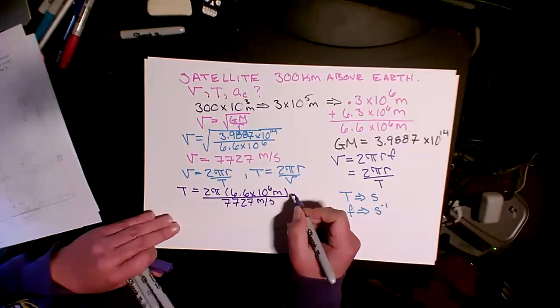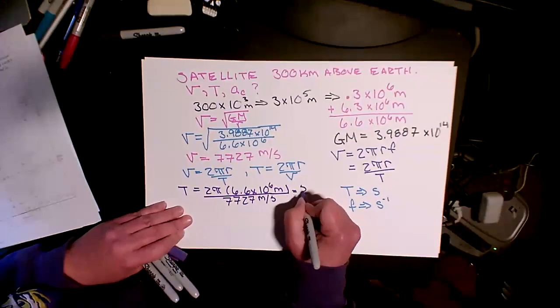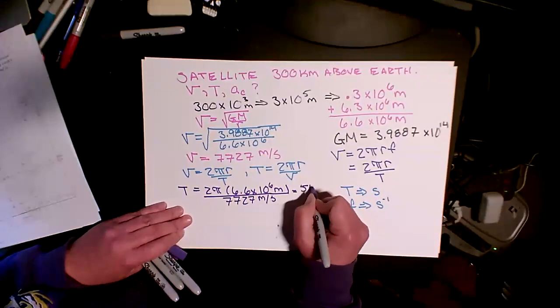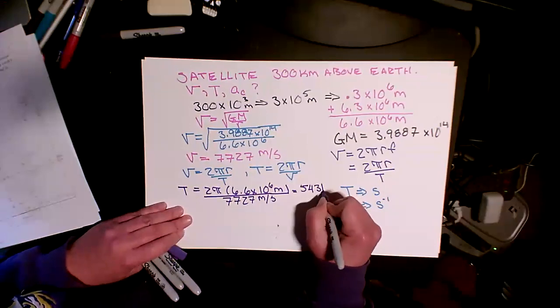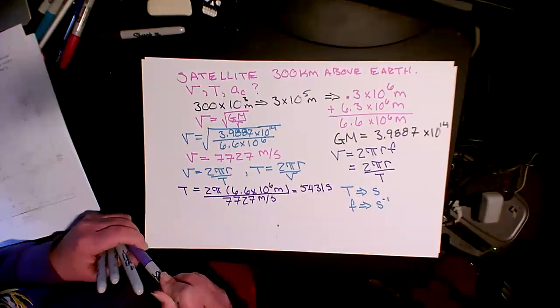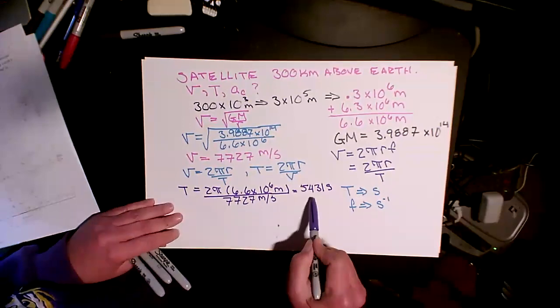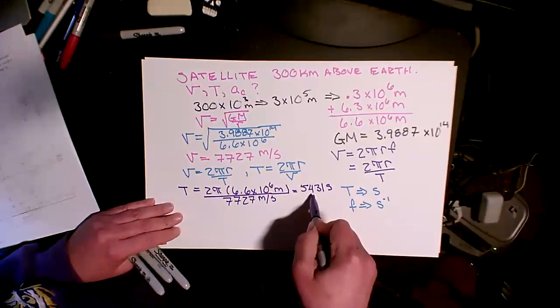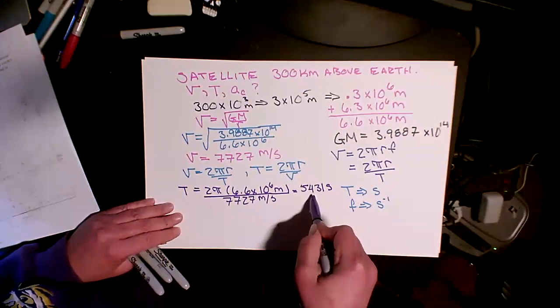What do I get for a period? I get 5431 seconds. So its period of rotation is 5,431 seconds.